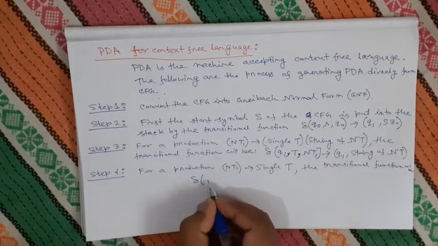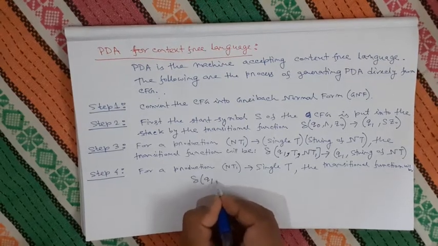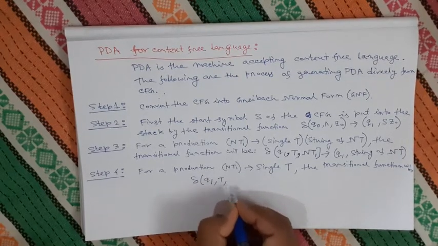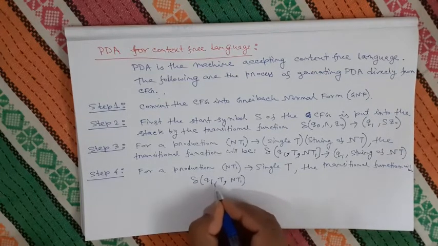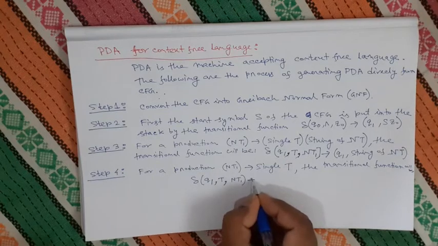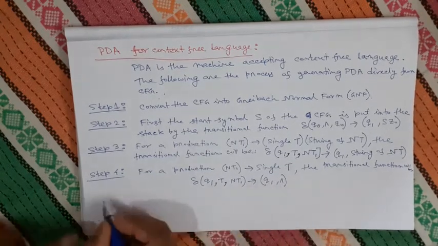Delta of q1 comma t comma NT1 to q1 null.